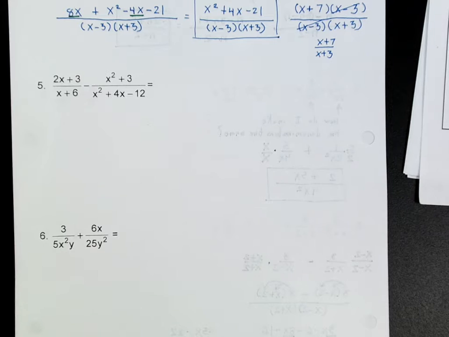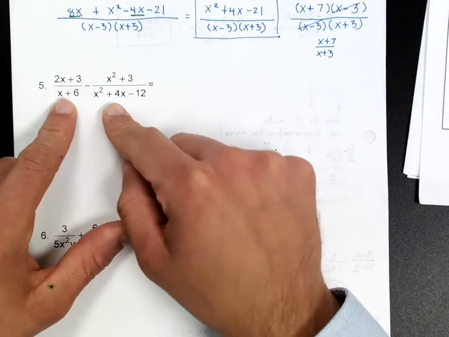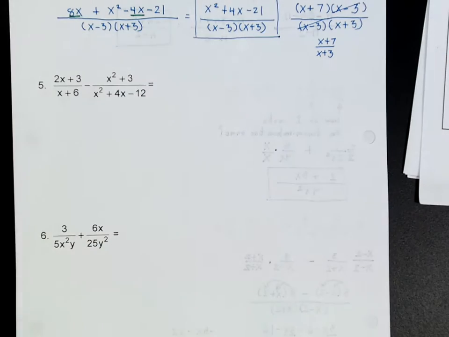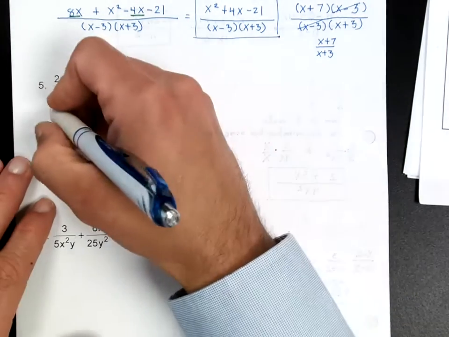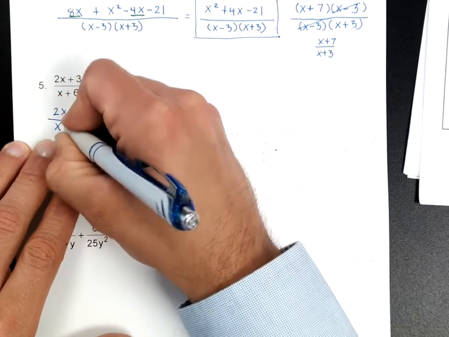All right, same thing on number 5. It's really hard for me to ask you, how can I make this x plus 6 into x squared plus 4x minus 12? I don't even know. All right, so the way to do that, again, is to factor the denominator, because that's easier to look at. So if we factor the denominator, well, first of all, there's nothing to factor on this part.